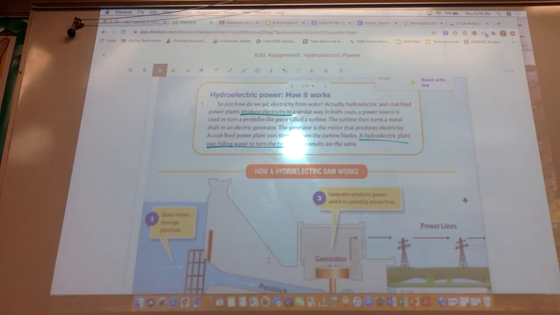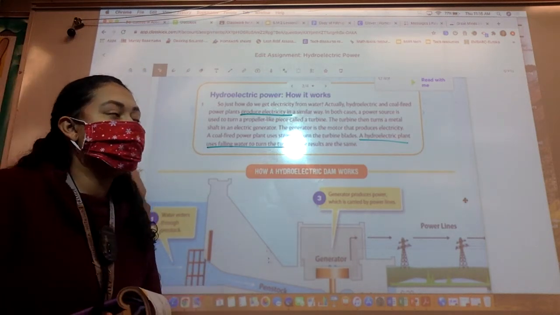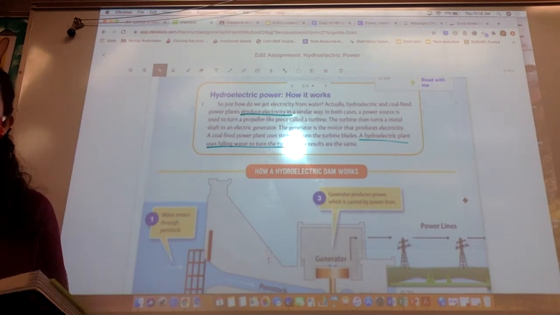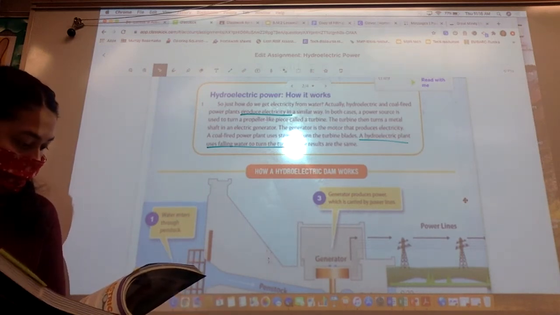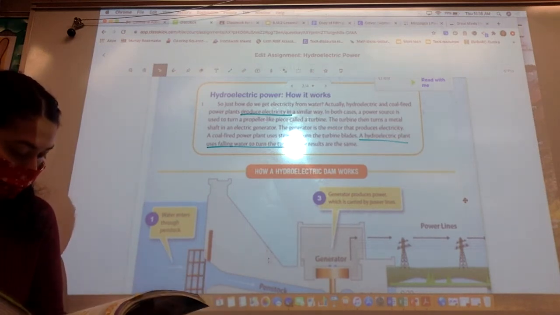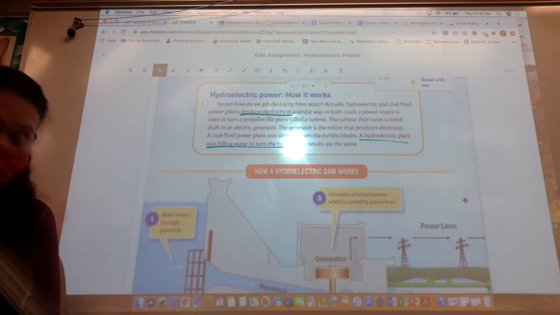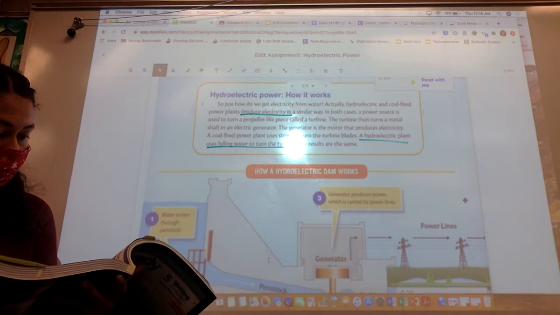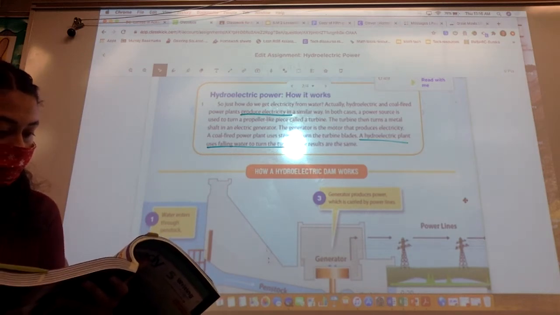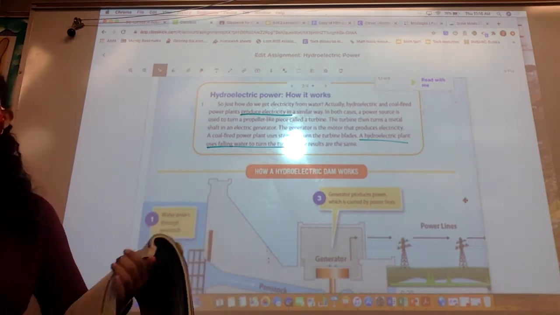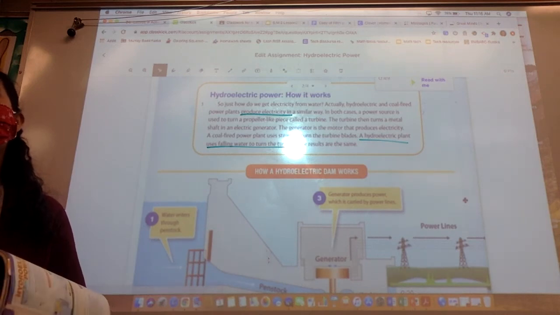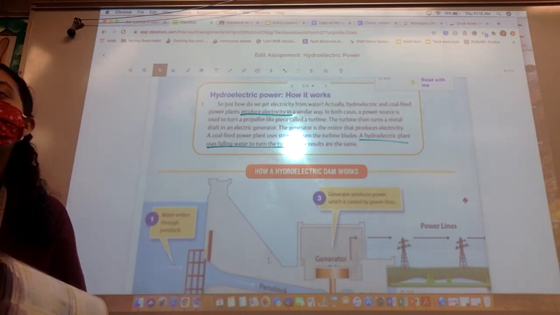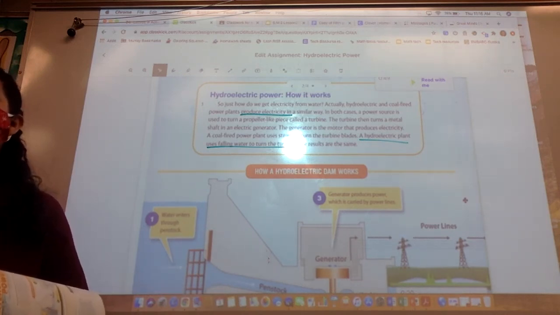This one? That's just saying the same thing. Does anybody see any problems with it? No. Thomas noticed it has coal and coal will run out. Okay, so is it a coal-fired power plant?